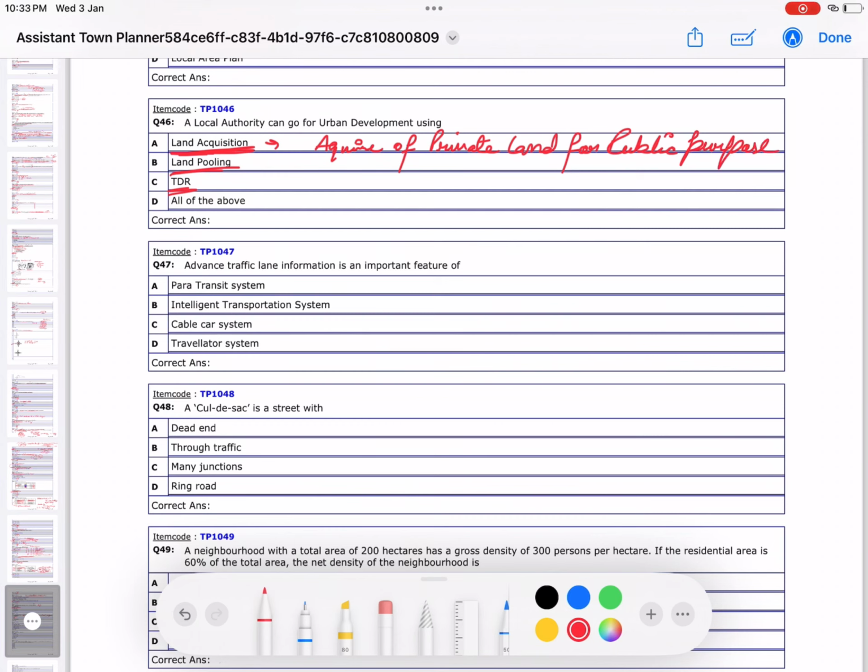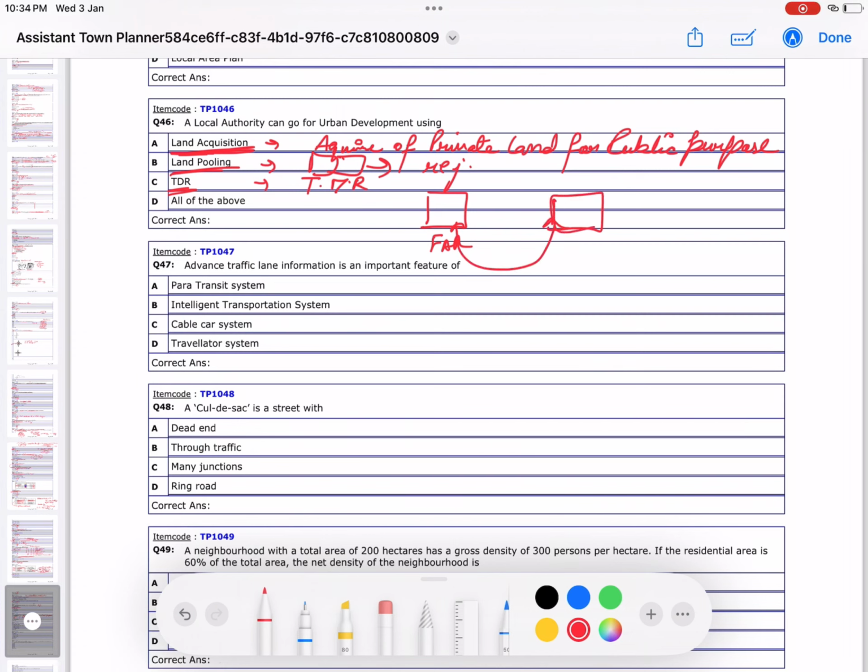Land pooling is where parcels of land are pooled together and readjusted. TDR is transferable development rights. So one plot's FAR or development rights are sold to another plot.